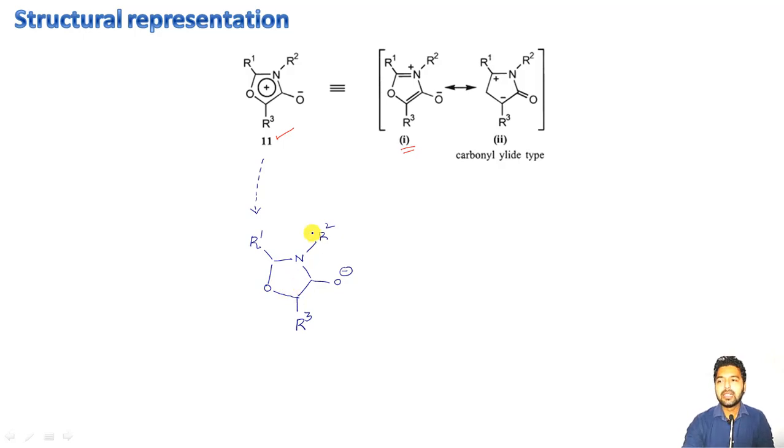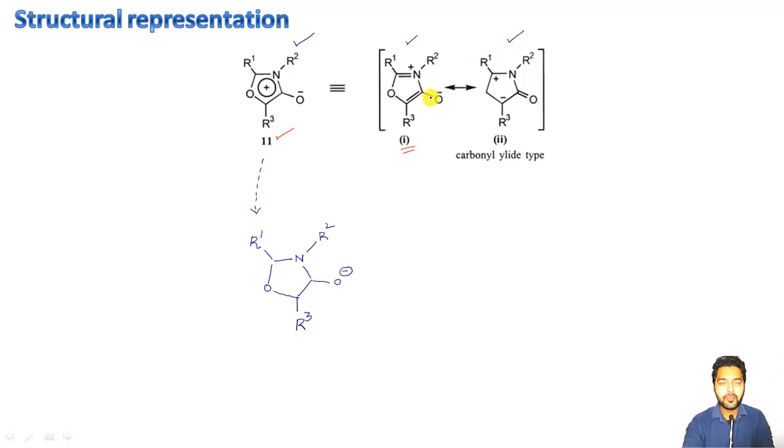Okay, regarding the structural representation, what I want to convey is that either we can write this structure or this one here or this one here, they are all equivalent.